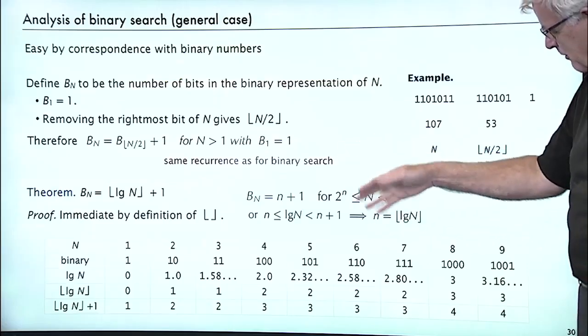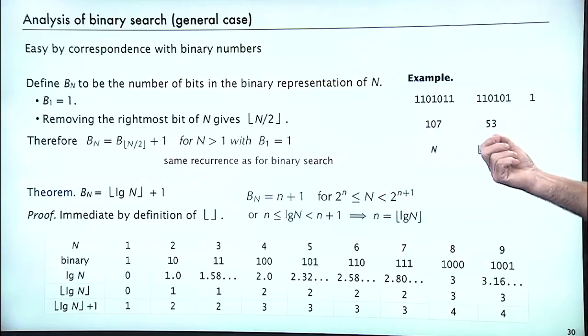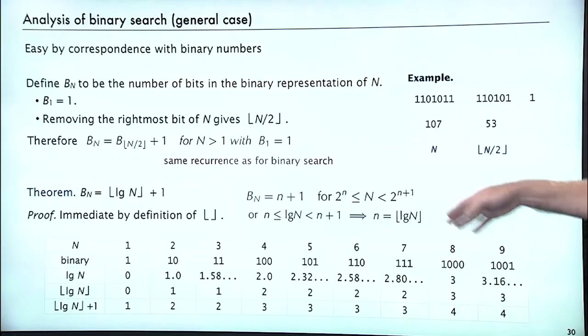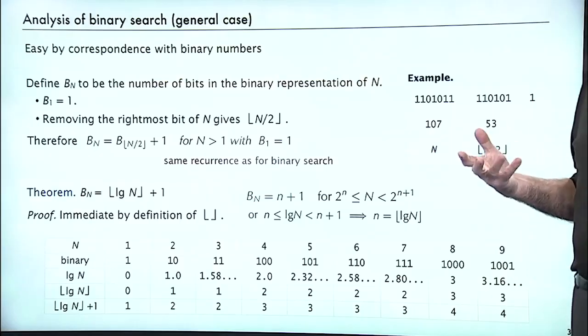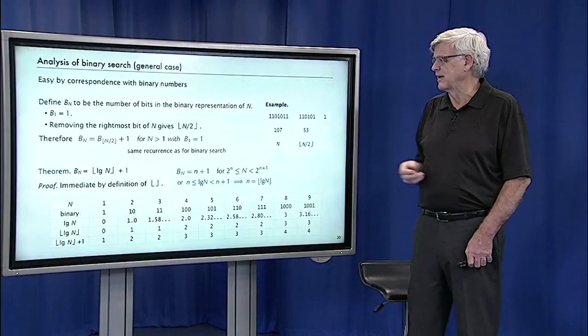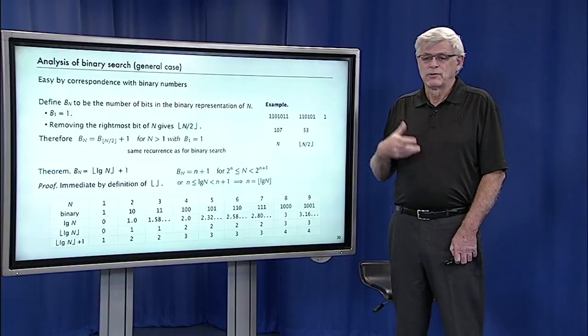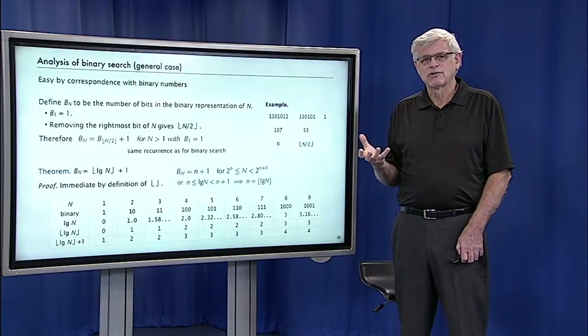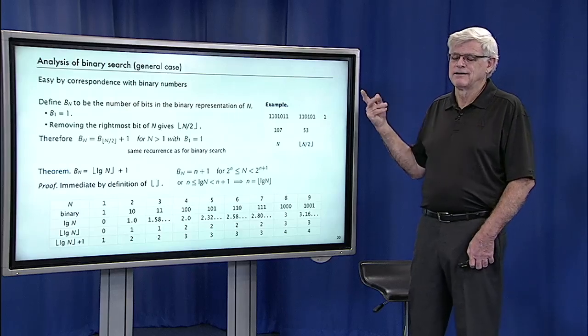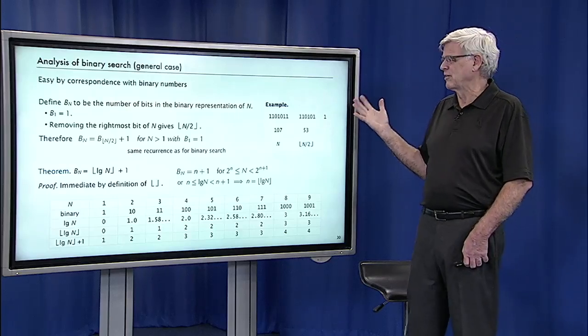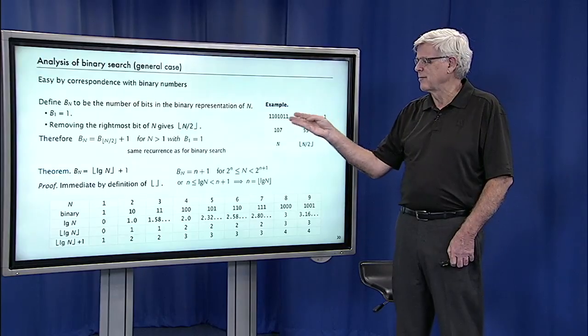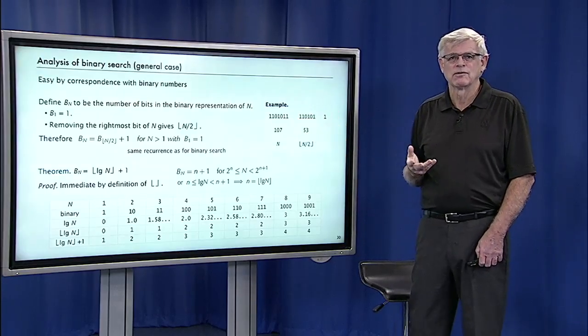And if you just ignore the rest of it, then you get floor of log base 2 of n, and then we're adding 1 to that. The math in that table is for you to check and prove to yourself that this is true. So we had an algorithm, binary search, and we had the number of bits in the binary representation of the numbers, and these two are matched up through the recurrence.